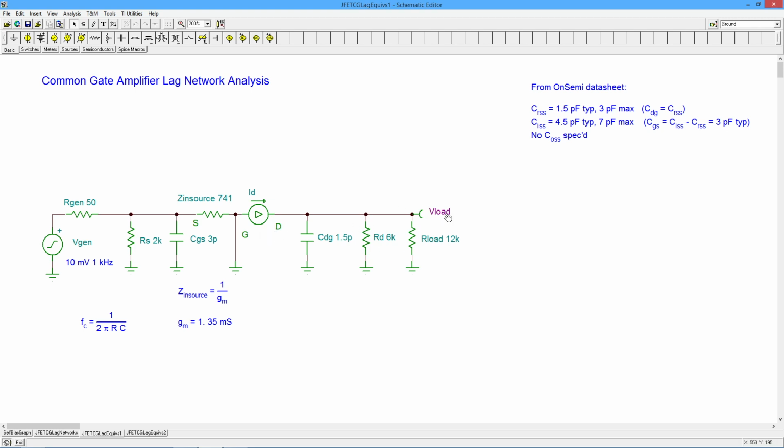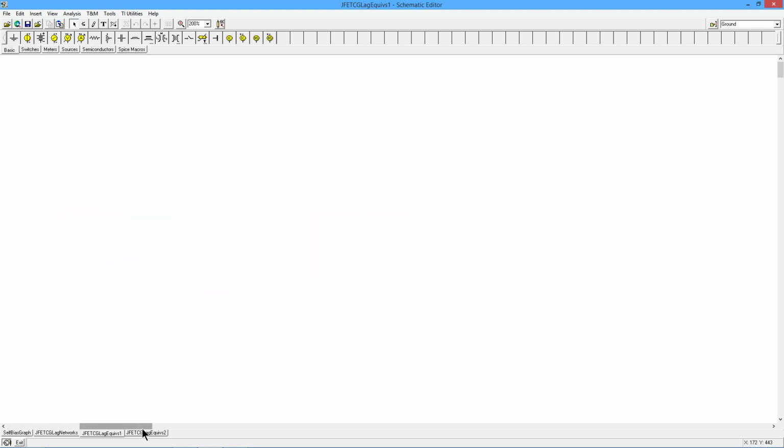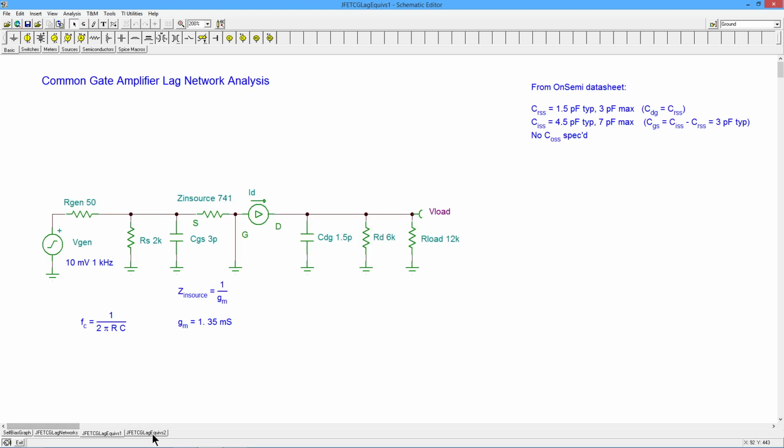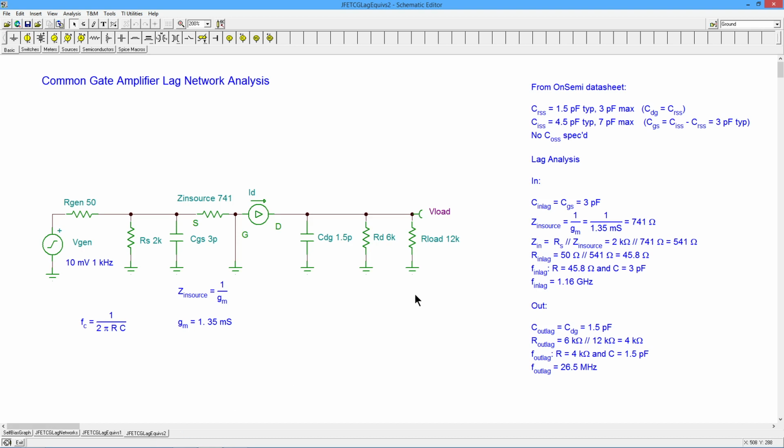So I now know the total resistance over here. That's 4K. I've got 1.5 picofarads for that. On the input end, we said we're going to get a little less than 50 ohms and 3 picofarads for that. So let's grind that through. And here we go. So on the input end, 3 picofarads, there's the 741 that we mentioned.